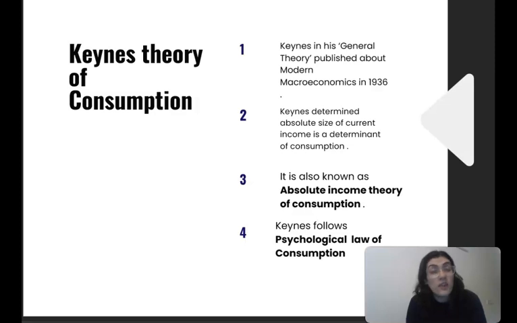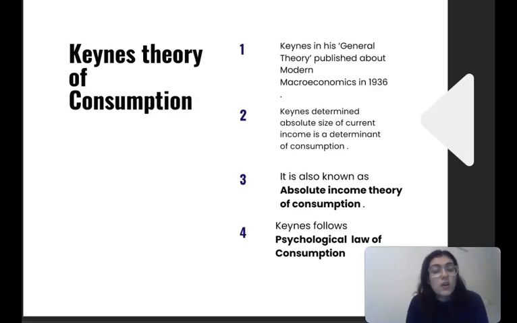And Keynes very strongly followed the psychological law of consumption also, which states that as your current income increases, a consumer will surely increase his consumption, but not completely or to a very high level in proportion to the income.